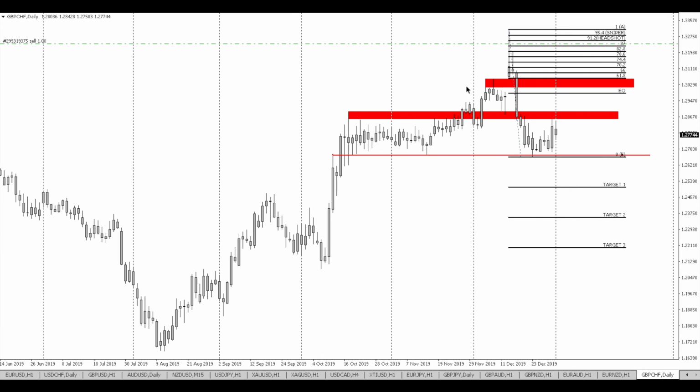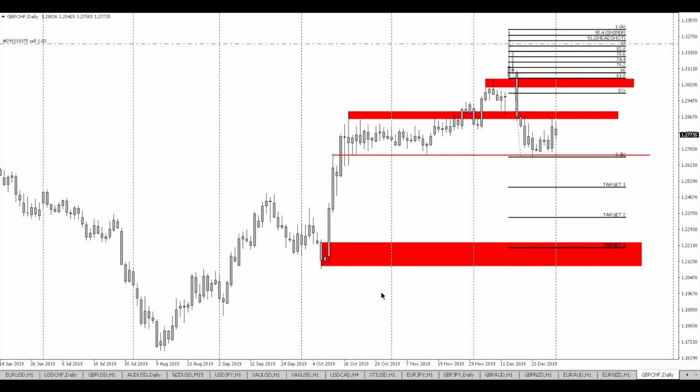I wouldn't want to see pound Swiss franc push any higher than here. If we do start to push high above this red region, I probably will put a stop in place in profit and protect the trade as much as possible. But more often than not, I'm looking for it to come back down to this region anyway.